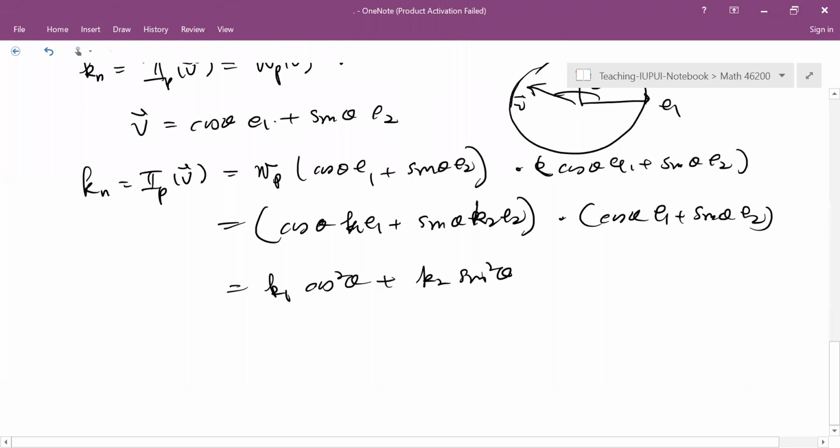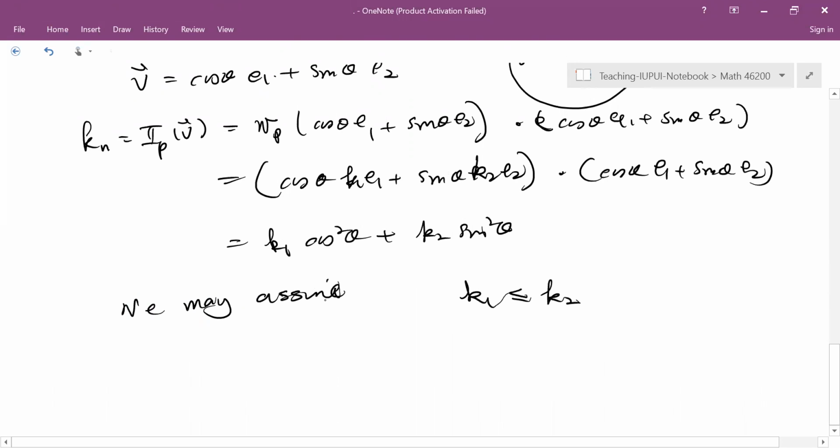Now, we may assume K1 is less than or equal to K2. That's not a big deal.